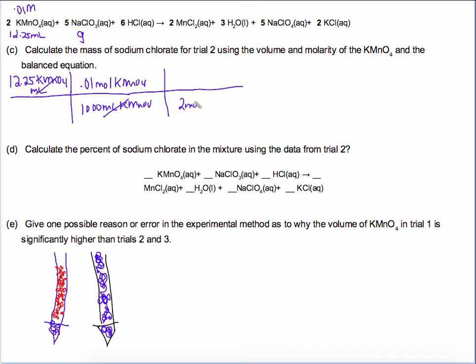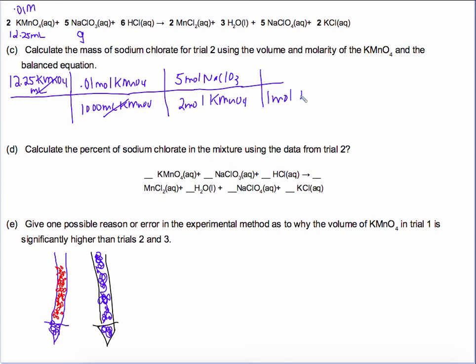The mole ratio is 2 moles of KMnO4 reacts with 5 moles of sodium chlorate. Then we want to change to grams, because that's what it's asking for.